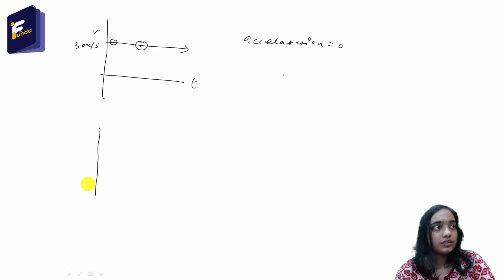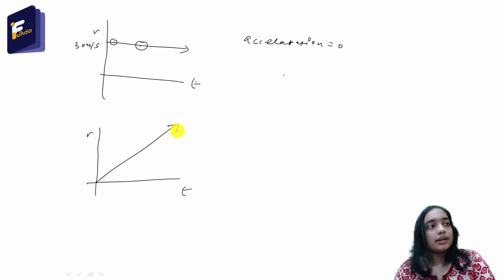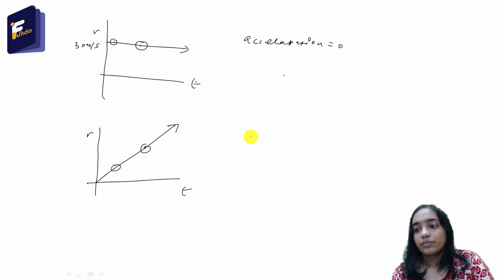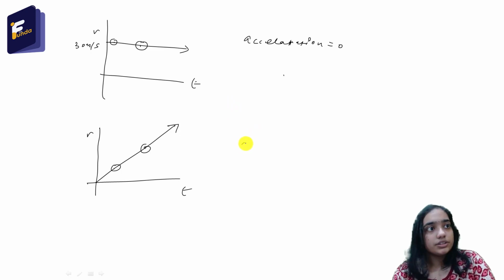Similarly, if I say VT graph and if this is like this, that means you can see at every point the slope is constant, but it is not equal to 0. It is having some finite slope. That means the acceleration is constant.